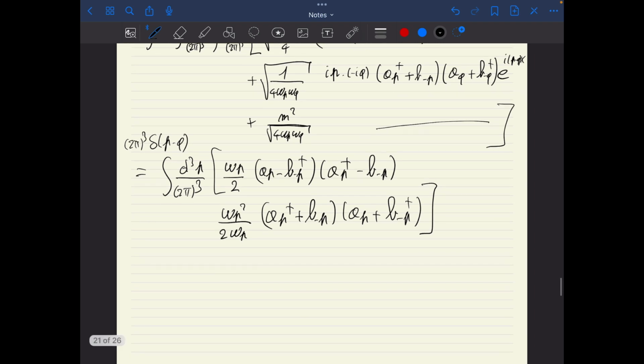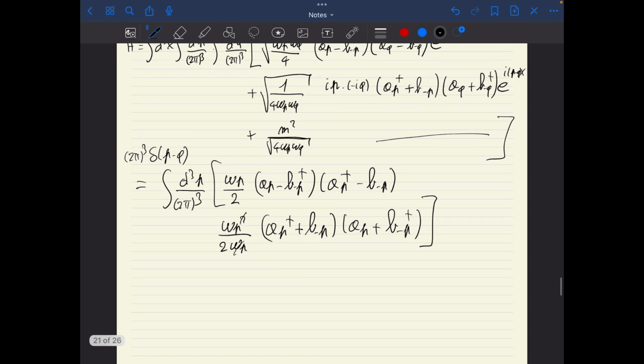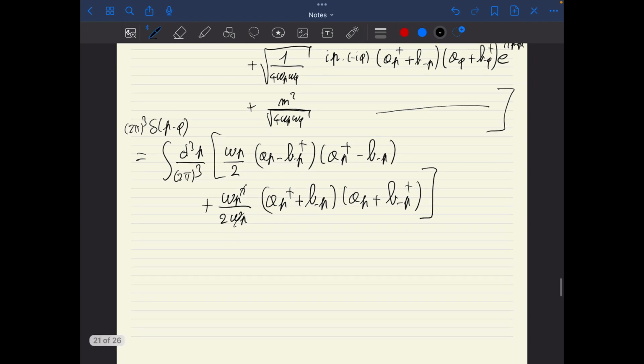So this just simplifies here. And okay, so we are just left with this. So there's a plus sign here. We are just left with this expression, which we can easily simplify. So d^3p over (2π)^3, and we have this factor ω_p over 2.